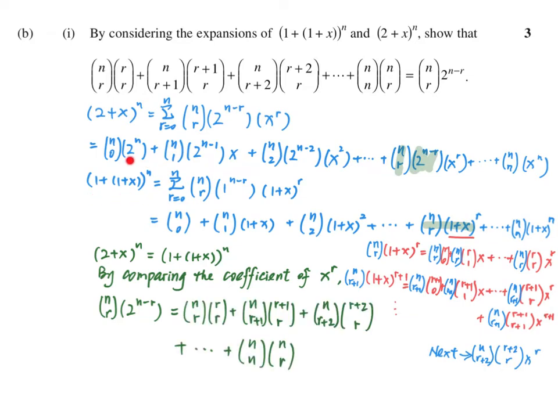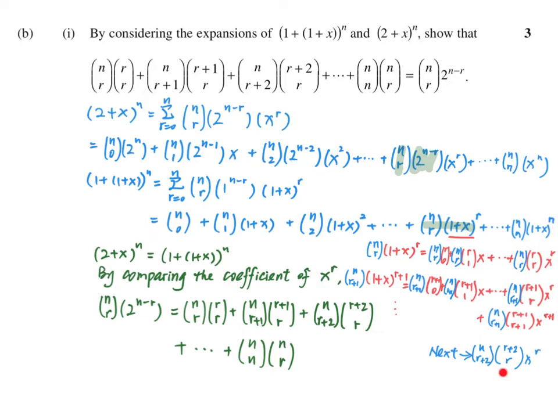Therefore, in this expansion, the coefficient of x to the power r should be, they are a little bit complicated. It should be NCR times RCR plus NC(r+1) times (r+1)CR. Since x to the power r and x to the power r are like terms, you can just add up the coefficients.